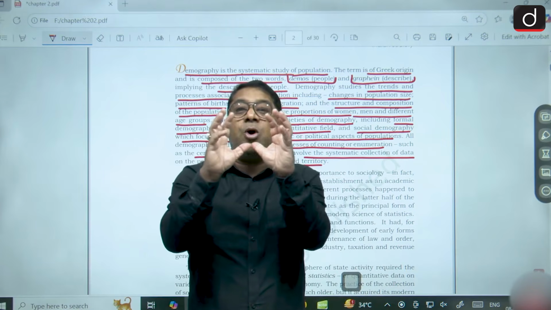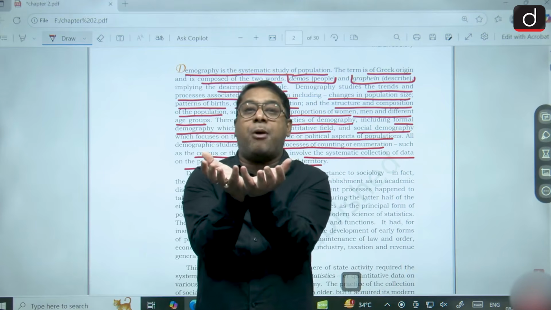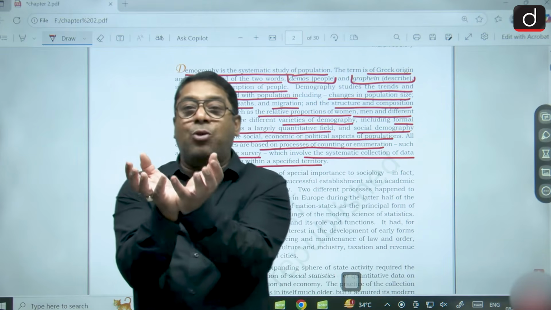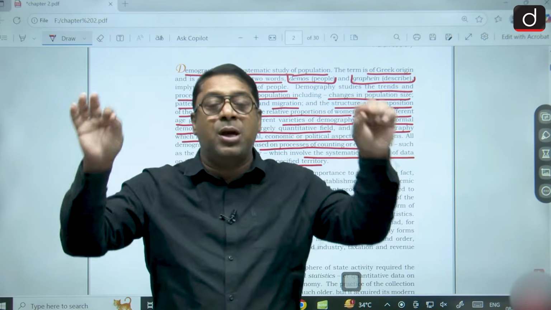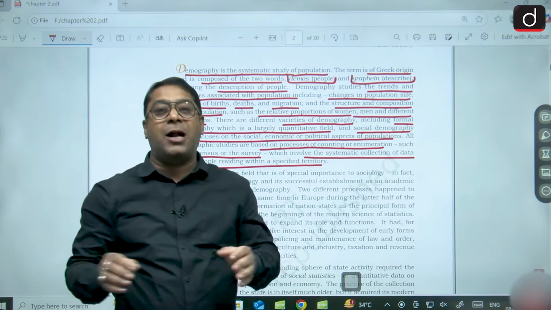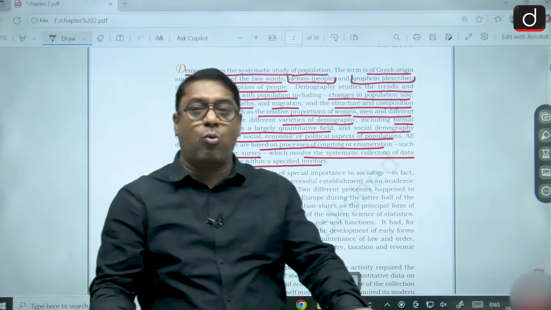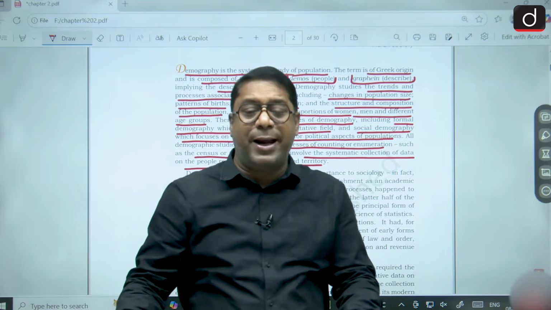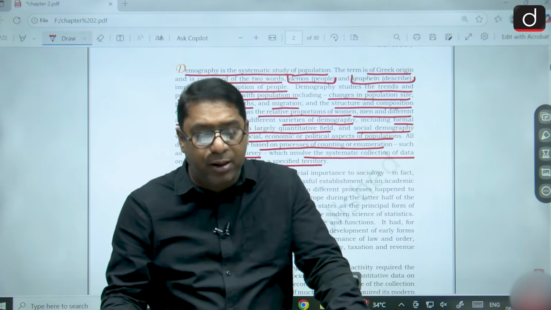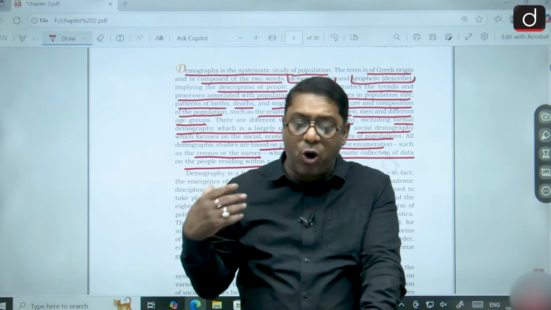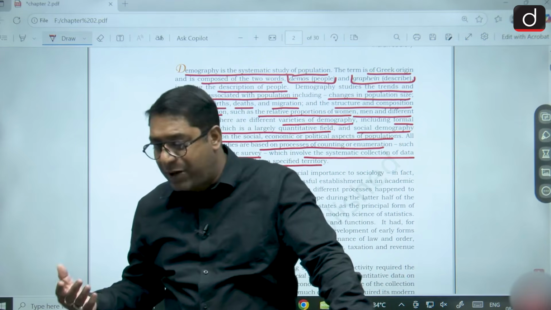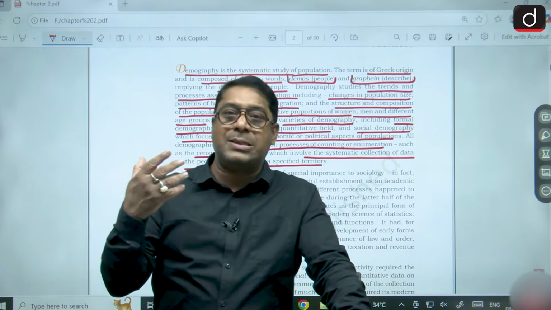So in a sample, only a part of the whole population is evaluated, whereas in a census, each and every item of the population is enumerated, or counted. So for demography, you have to conduct demographic studies.